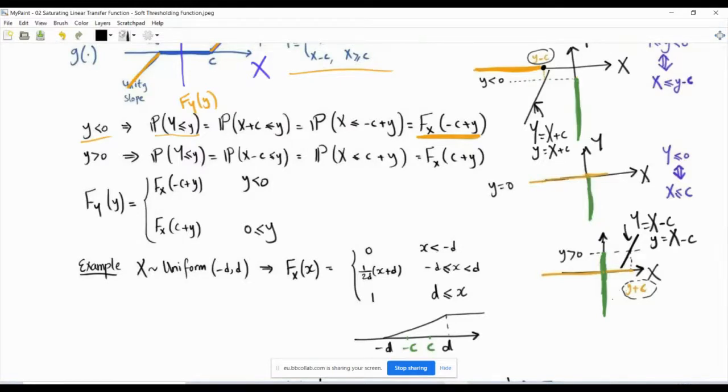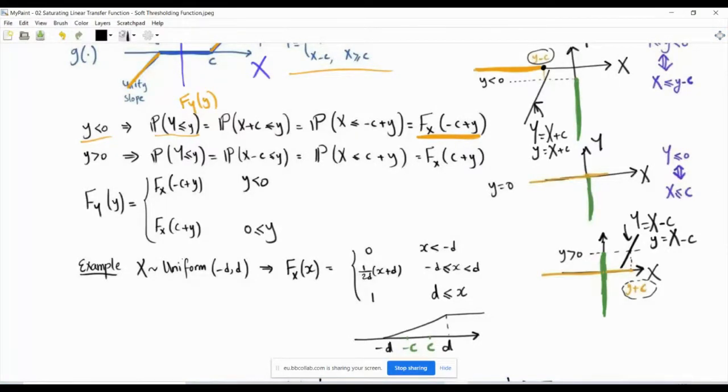So big Y being smaller than small y, for a positive y, is equivalent to big X being smaller than c plus y, and so the CDF of Y here will be the CDF of X evaluated at y plus c.